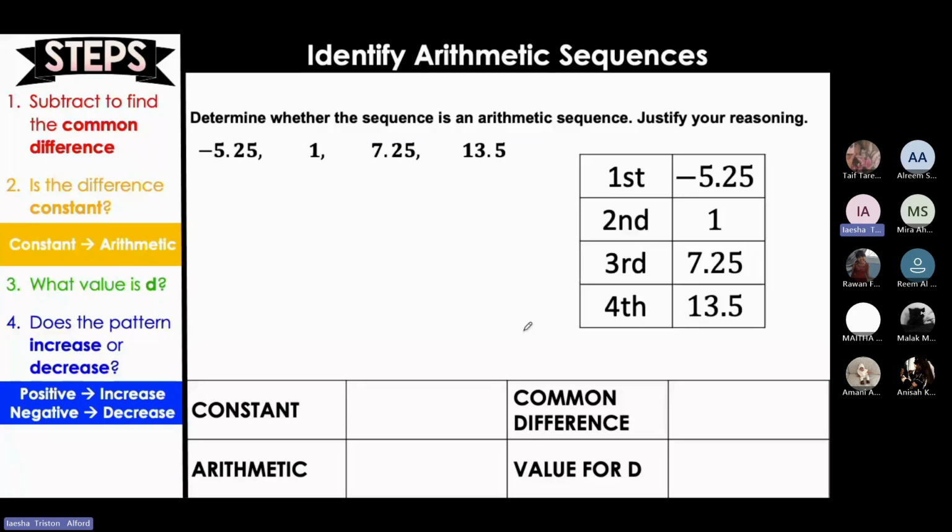The next step, part 2, you have to subtract. From the table, you are subtracting from the bottom to the top, or starting on the left side and subtracting to the right side like this. So 13.5 subtract 7.25. Anybody have it?